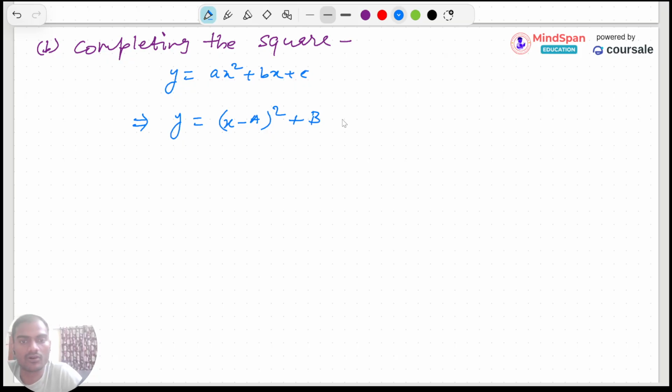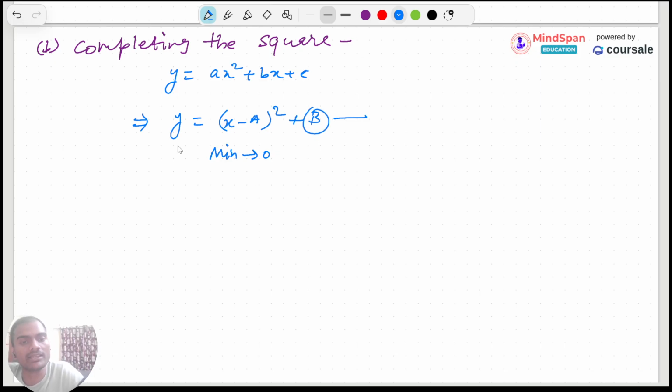For this form, if we try to draw a graph, or we can simply here intuitively analyze that this portion is a whole square. It cannot go anything below 0, right? So this portion, minimum it can go is 0, and this is a constant.